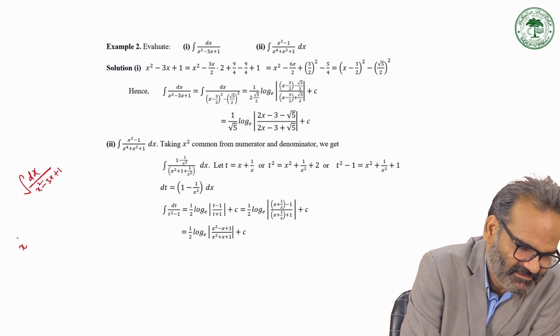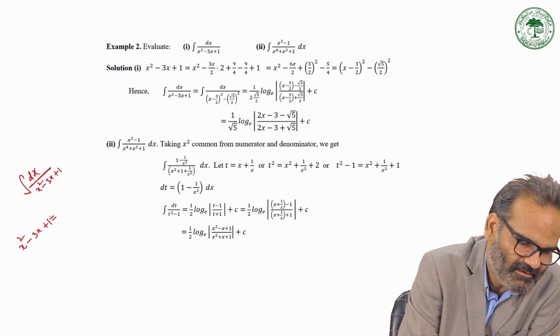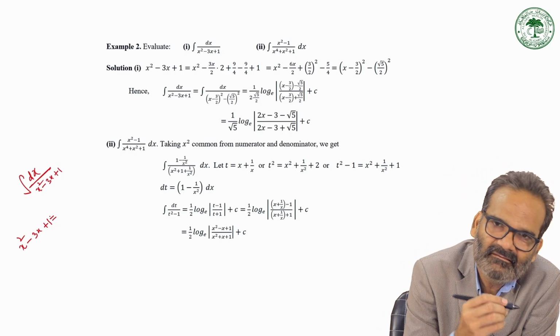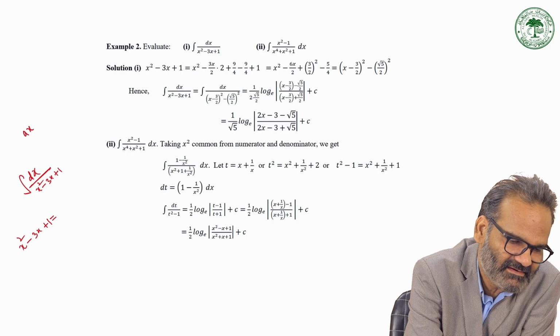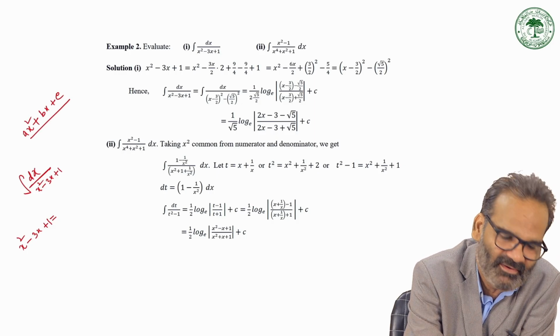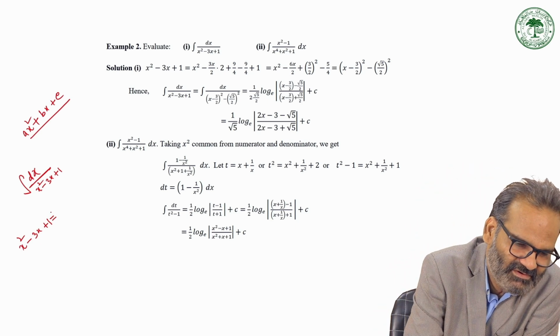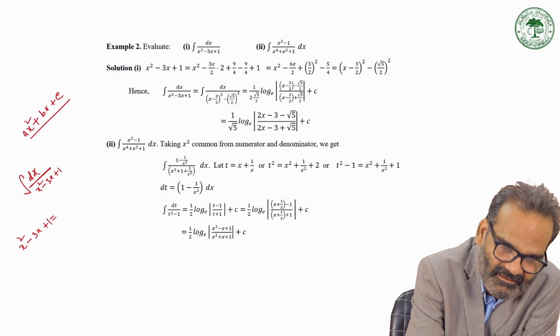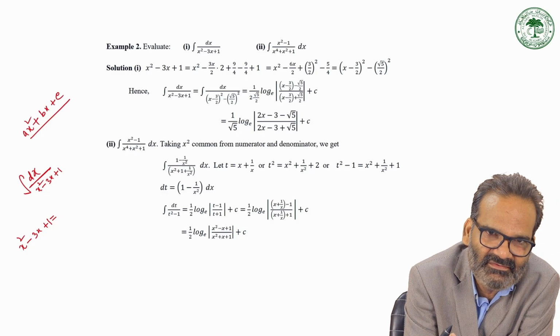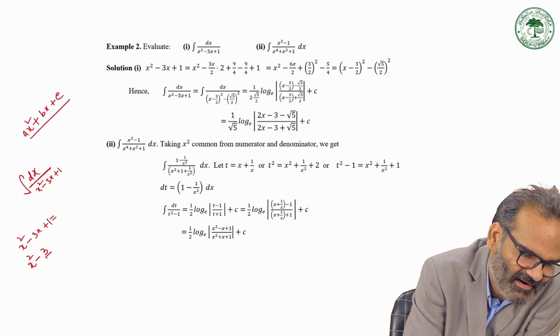We are having here x square minus 3x plus 1, right? The function was ax square plus bx plus c, and we took a common, but here a is 1, so no need to take anything in common. See, this can be written as x square minus 3 divide by 2 and multiply by 2.